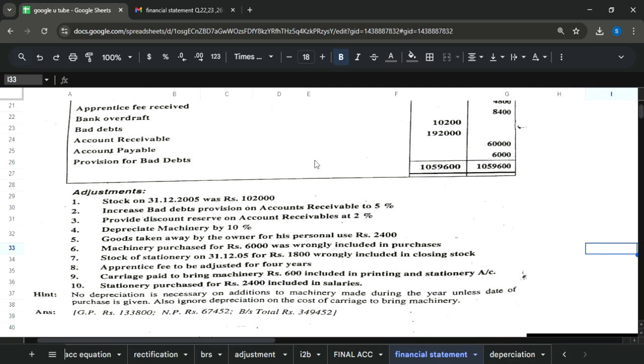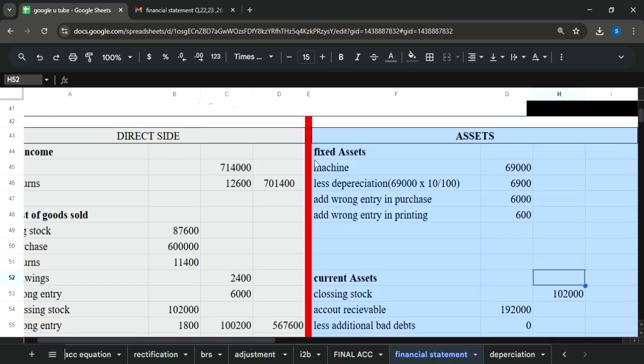Now let's focus upon the asset side. Machine has plenty of adjustments. Original amount of machinery, then subtract its depreciation, then add wrong entry, again add wrong entry. So here we have got the final amount of machine, but there are no other fixed assets. It means this sum would be considered total of fixed assets.